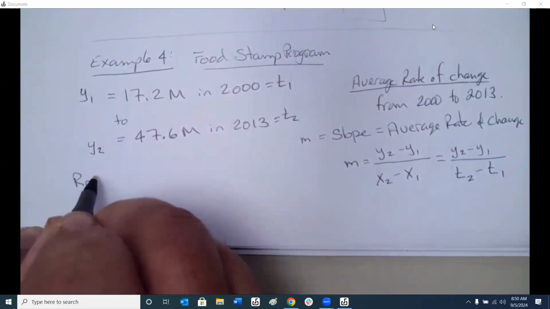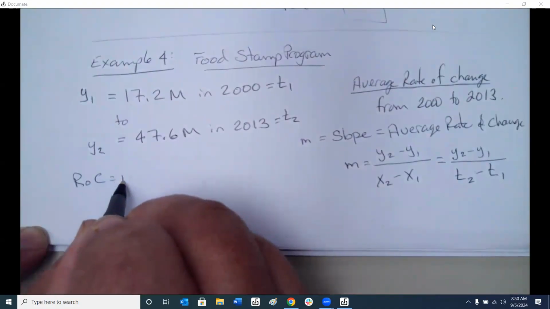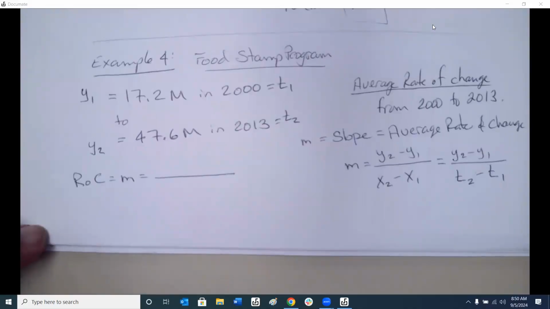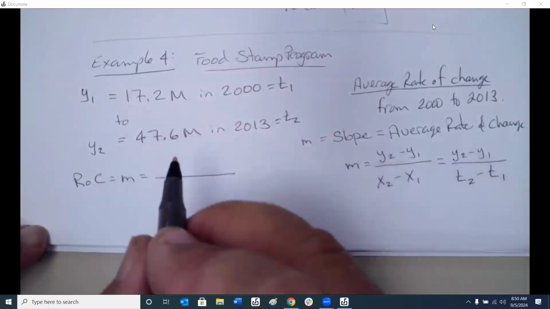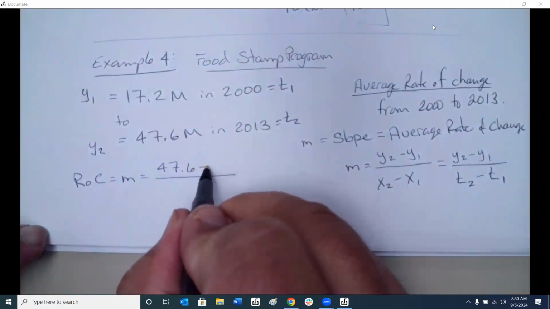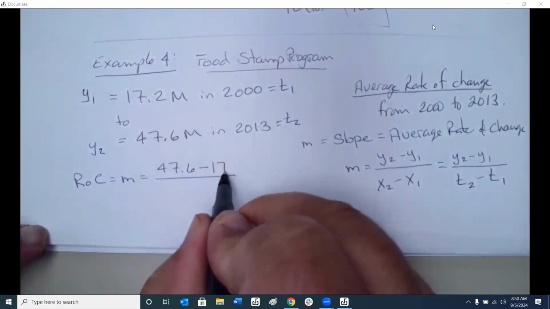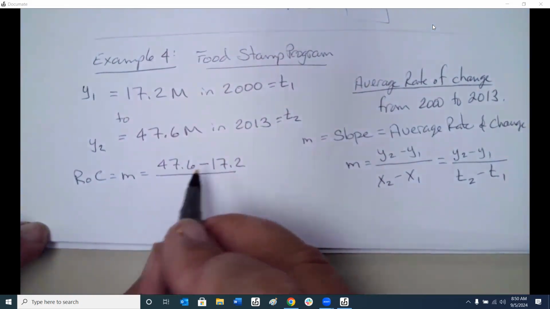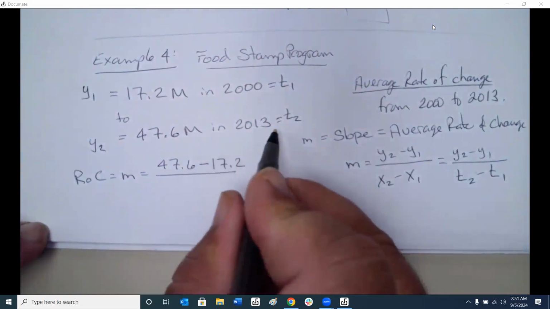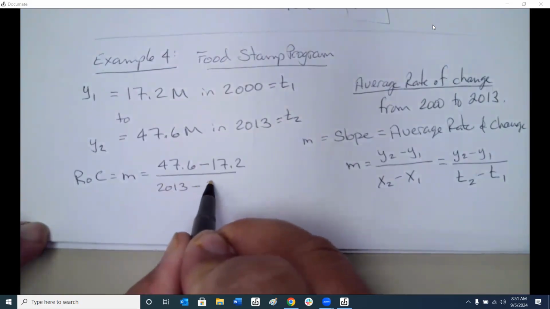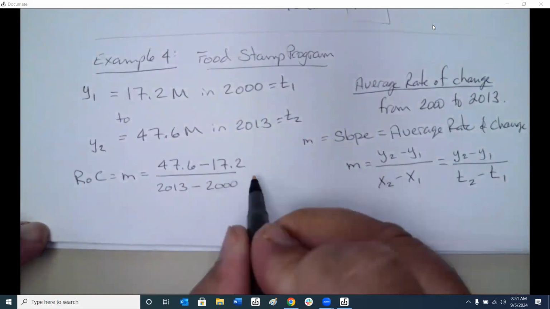So the rate of change, which is the slope, is Y2, which is 47.6 million, minus Y1, 17.2, divided by T2, which is 2013, minus 2000.